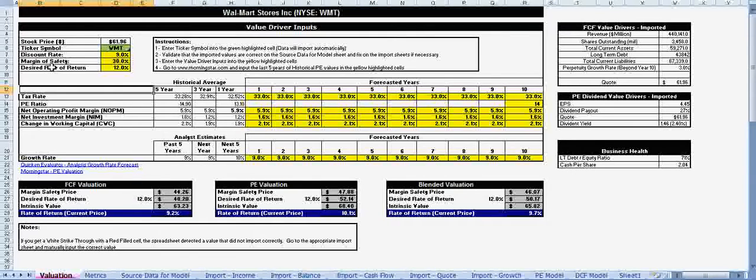If I change my desired rate of return from 15 to 12, it tells me the price I would need to wait for in order to get a 12% return. In this case, somewhere between $48 and $52 a share, so a blended value of about 50.